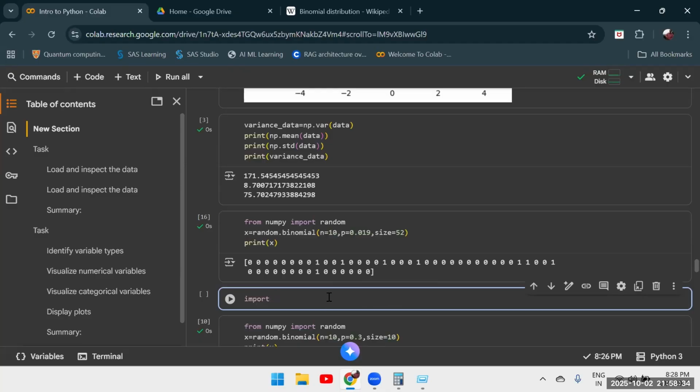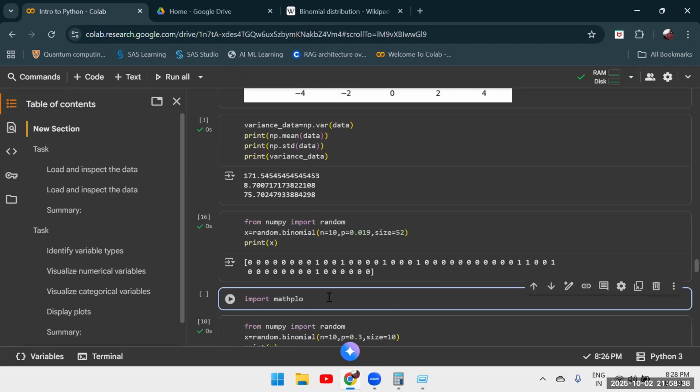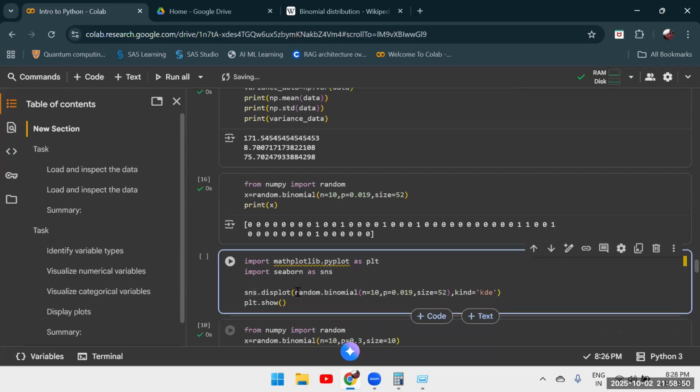I'm just going to import matplotlib.pyplot as plt, and now I'm basically going to show you a distribution plot for the same size.